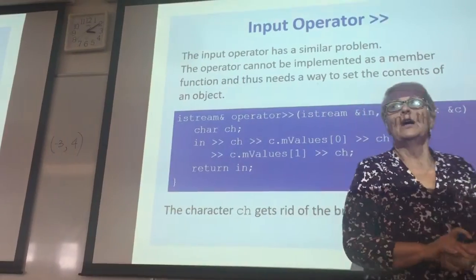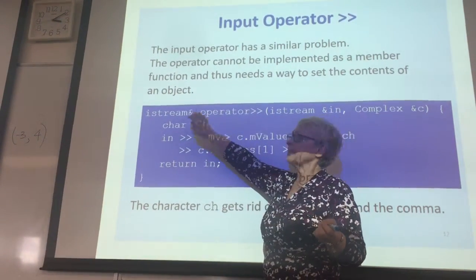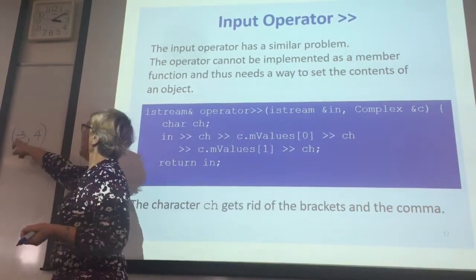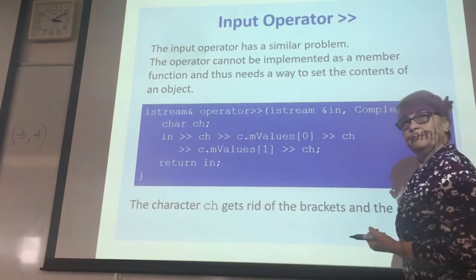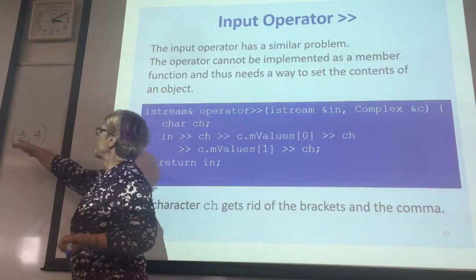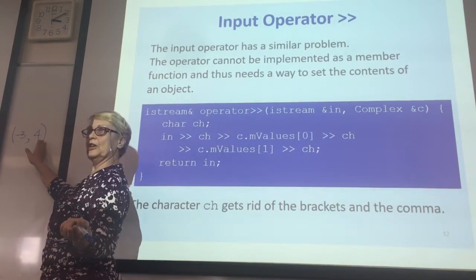How is our code to be written? We use local variables to read the data which is not part of our type. So we will use this character to read this and ignore, read this and ignore, read this and ignore.